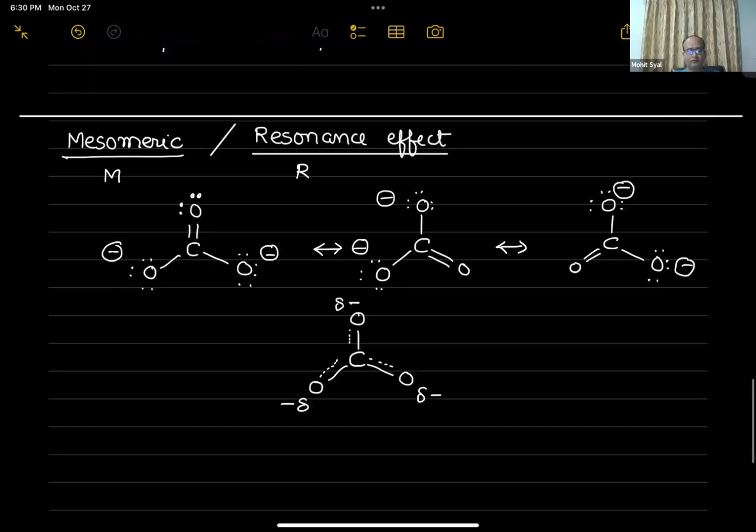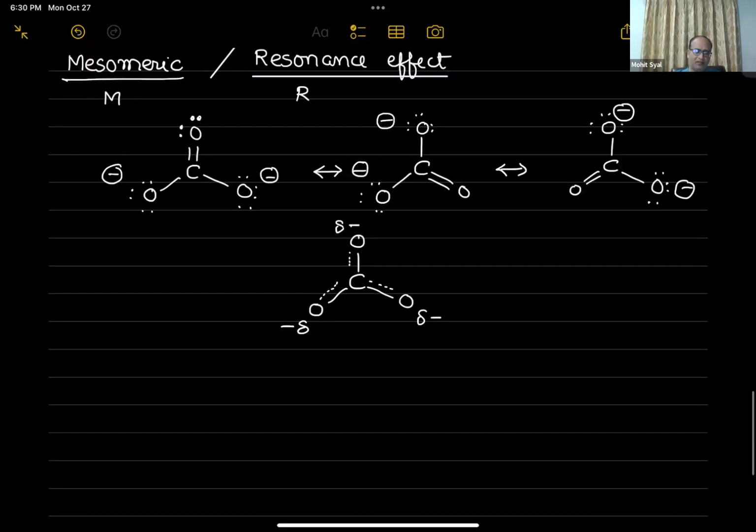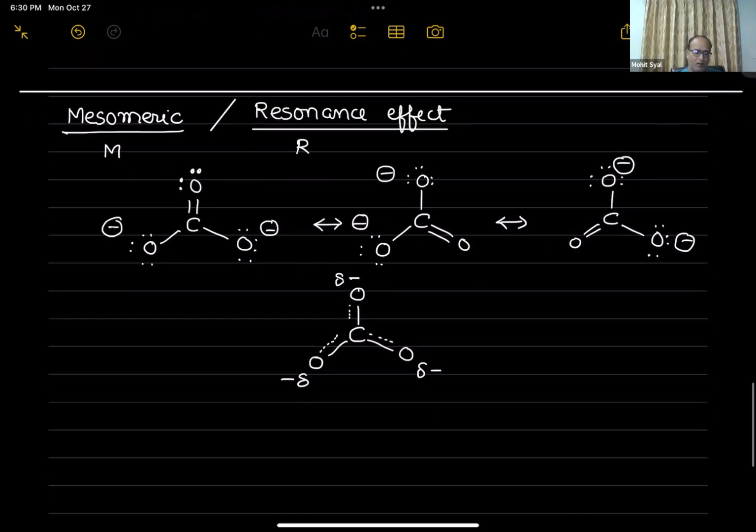Yes. So how may it have happened actually? The molecule has not chosen to form any one of the structures. Instead, the carbon preferred to form partial bonds with partial overlapping with this oxygen, and this oxygen. This is the real structure. This real structure is known as the resonance hybrid.